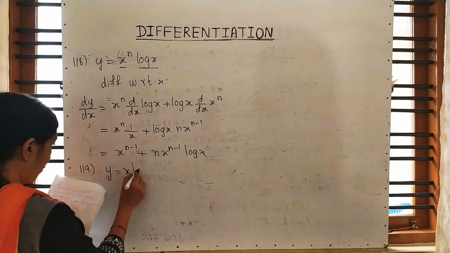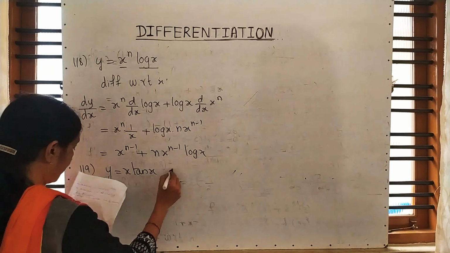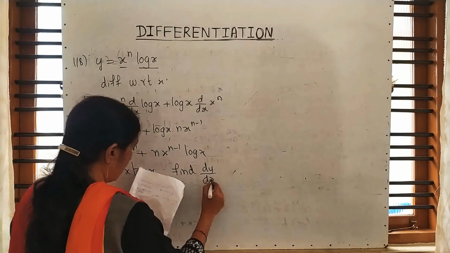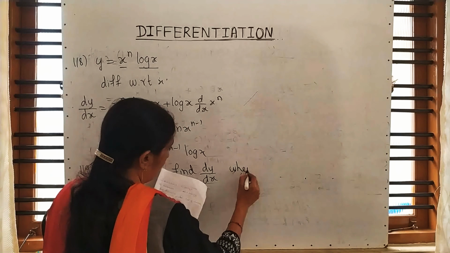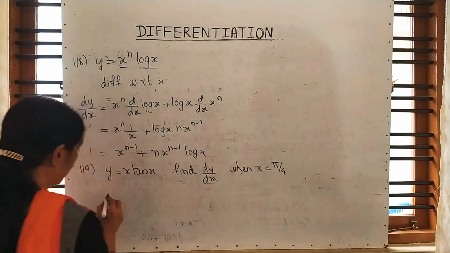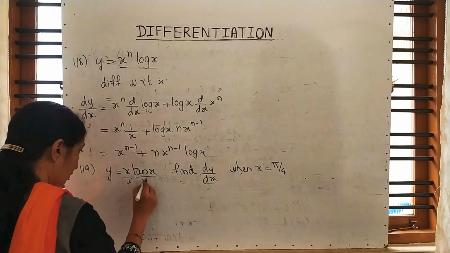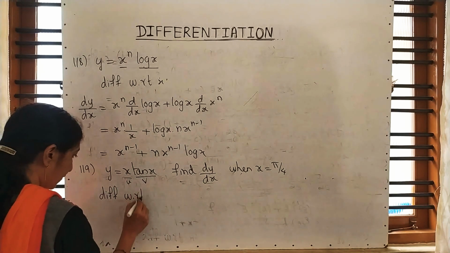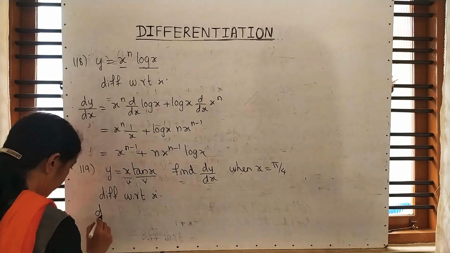Y is equal to x tan x. Find dy upon dx when x is equal to pi by 4. So this is U, this is V. Differentiating with respect to x.